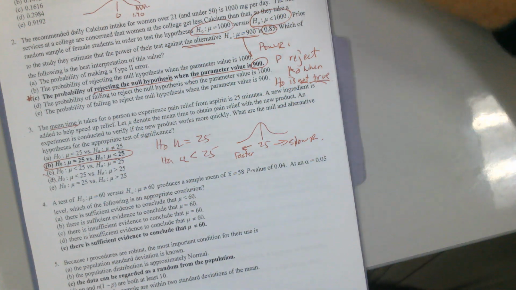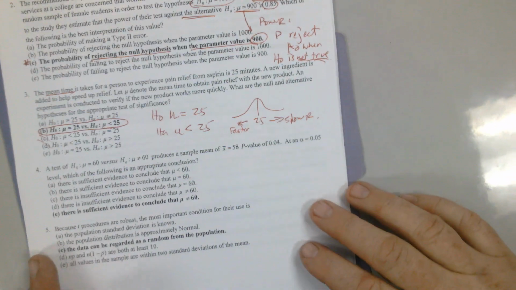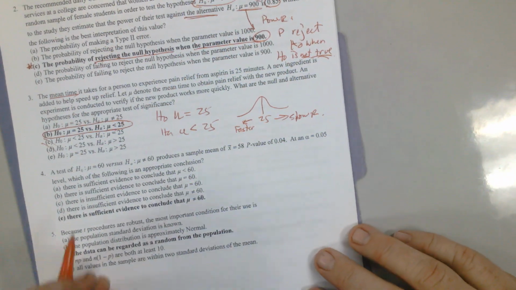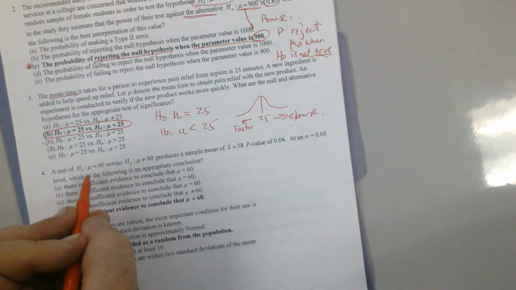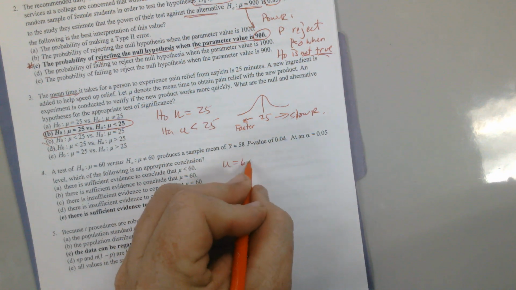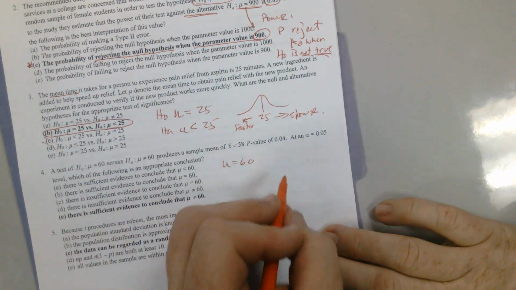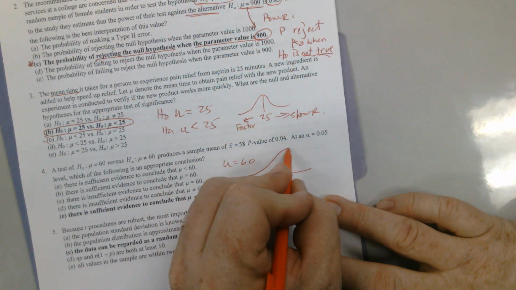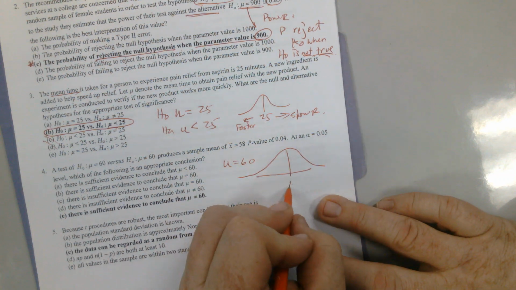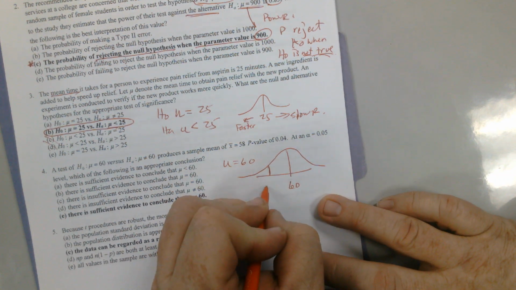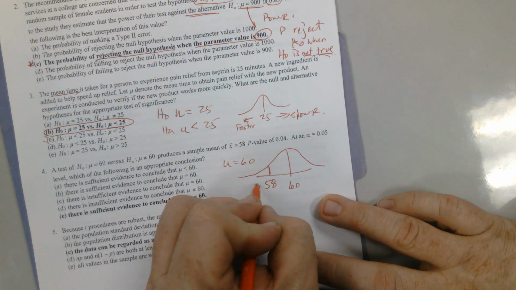All right, so let's see here. Let me move this out of the way, guys. So let's see here. Test of mu is 60. I always have to write them out. So that means that when we're looking at this, my mu is 60. We have 58 as an x bar.